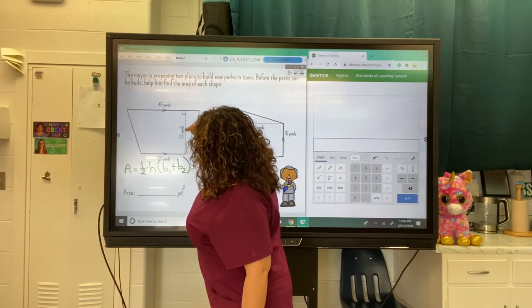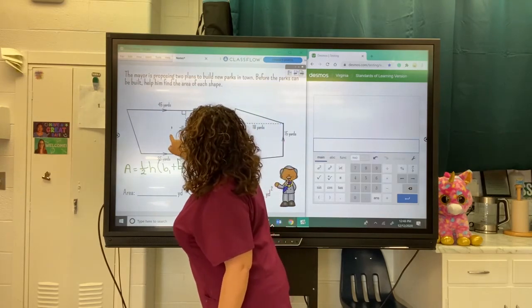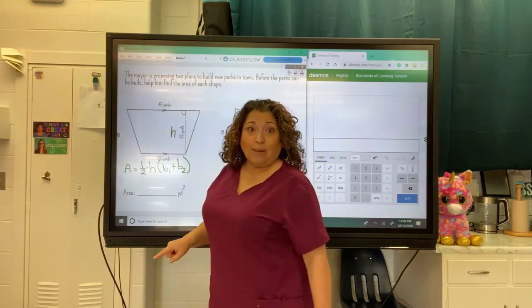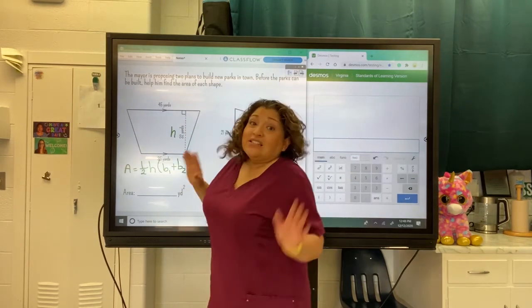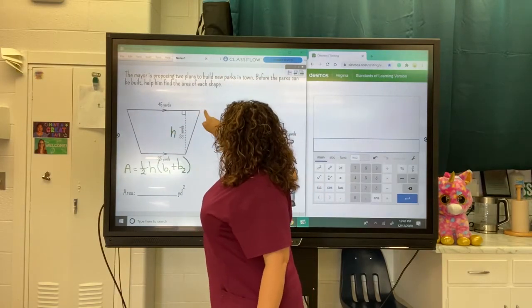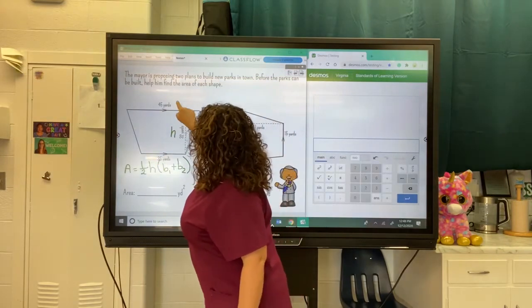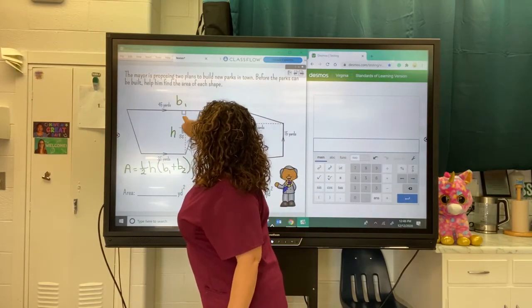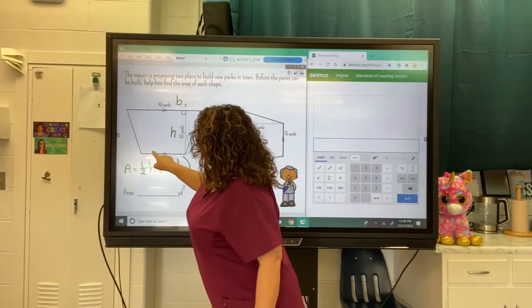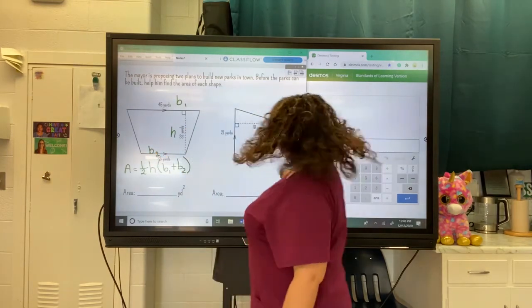This dotted line right here that has a right angle there and one down at the bottom, that is the height of this trapezoid. It doesn't matter which is which. I'm just going to go top to bottom. This base here, the bases are parallel, okay? This base here, I'm going to call base sub 1. And this base down here, I'm going to call base sub 2, okay?